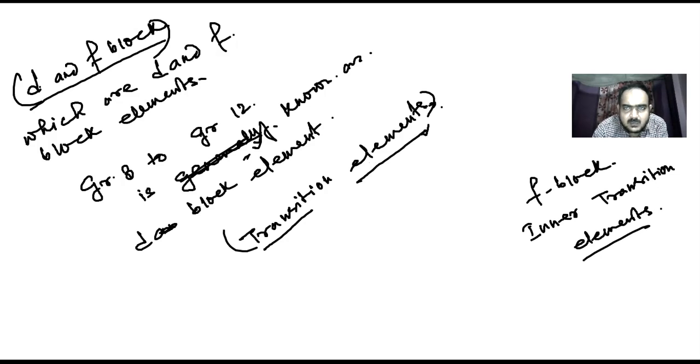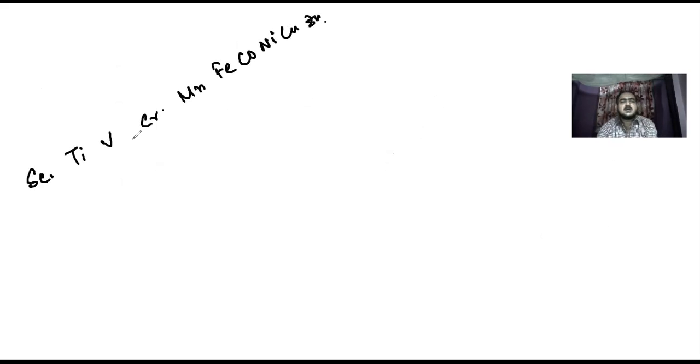In our syllabus, the first series of transition elements are there, which is scandium, titanium, vanadium, chromium, manganese, iron, cobalt, nickel, copper, zinc. So these are the first row transition series, and these are in our syllabus.